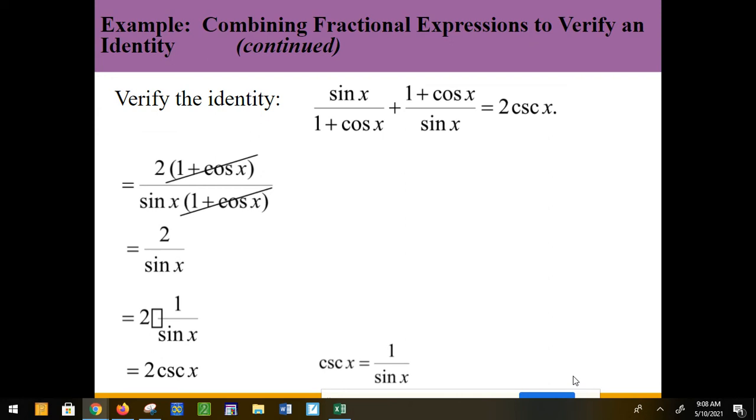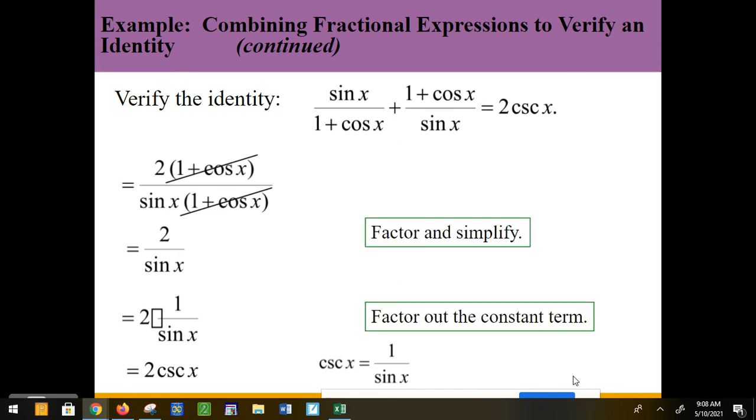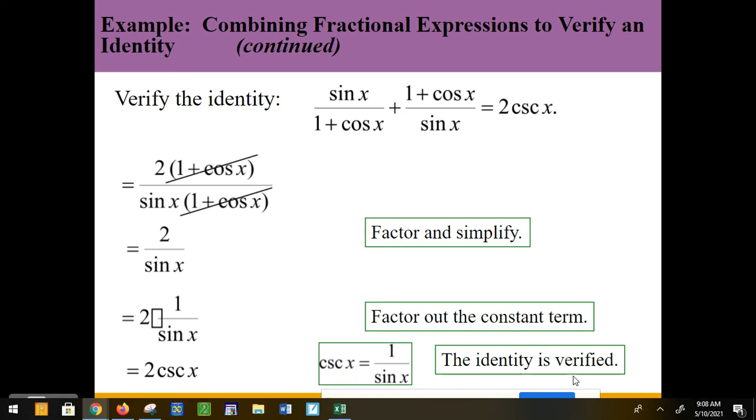They're gone, and you just have 2 over sine of x. 2 as a numerator can just be 2 as a coefficient. So now you have 2 times 1 over sine of x. Well, 1 over sine of x is cosecant of x, right? And then 2 cosecant of x is what the right side was. So again, that's your goal: to take one side and make it look like the other side.